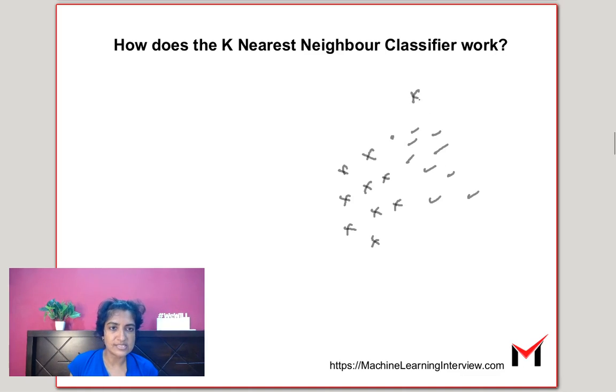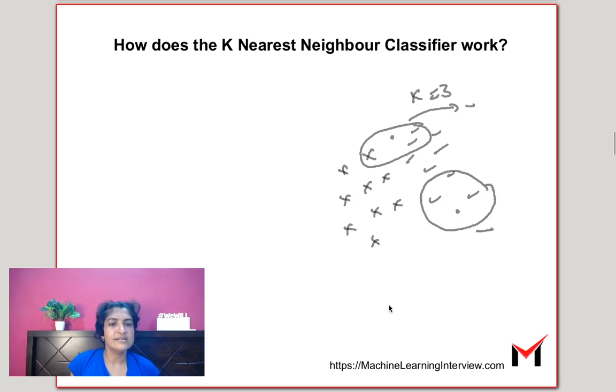Let's say K equals 3. You will take the 3 closest points, and since it has a majority of negatives, you will say it's a negative. Similarly, if I'm given a point here, I will once again take the 3 closest points and say this is a negative. So this is KNN for classification.